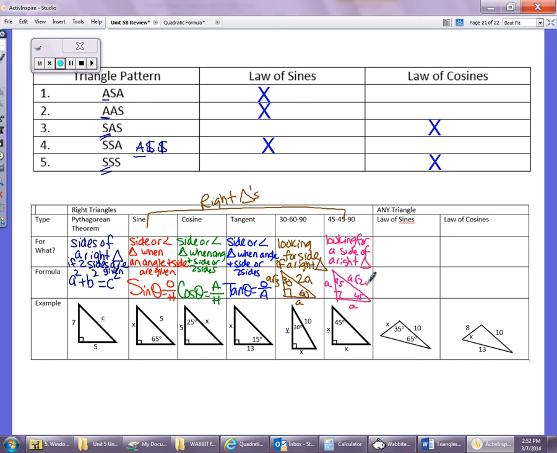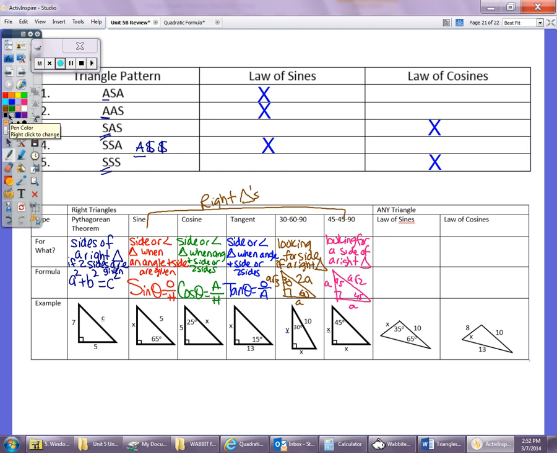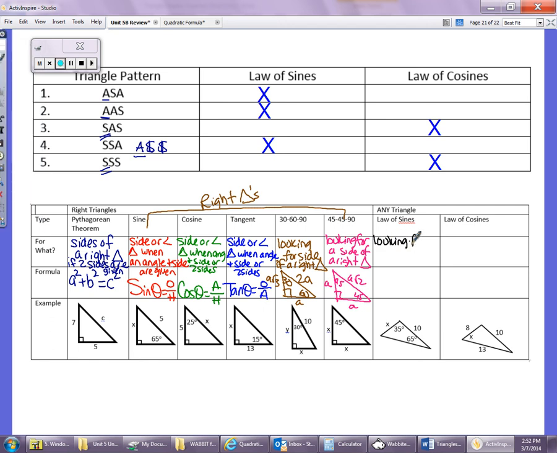Now the law of sines, it really depends. For the law of sines, you're either looking for a side or angle of a non-right triangle.